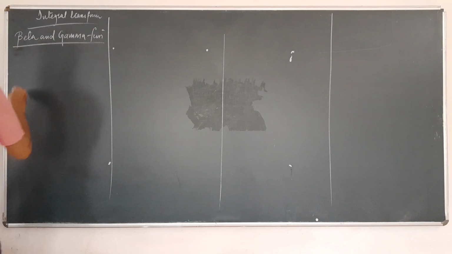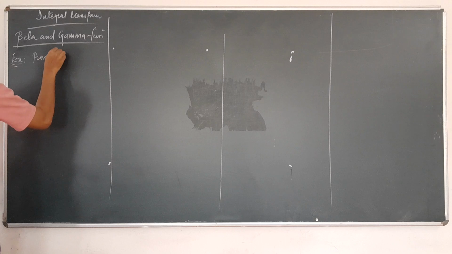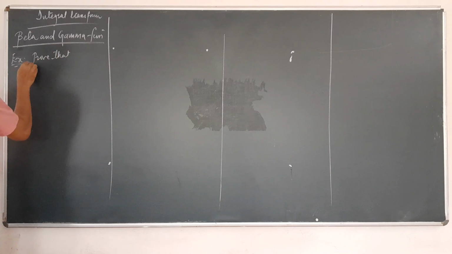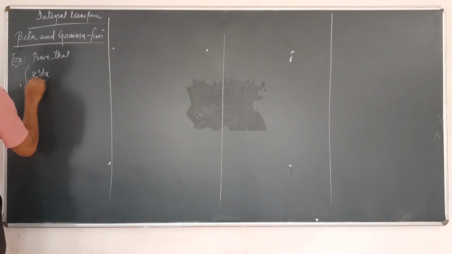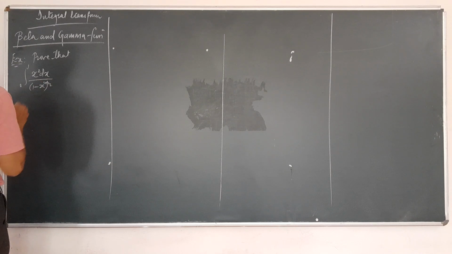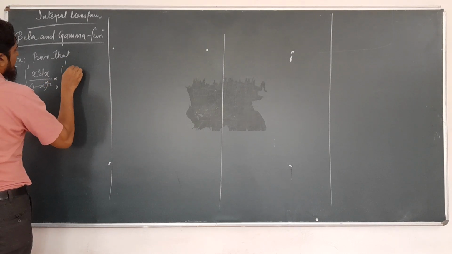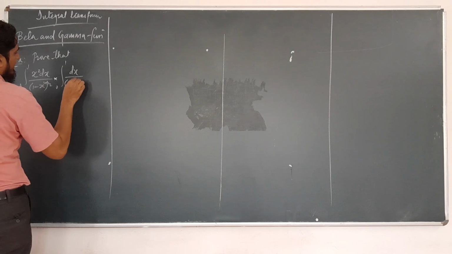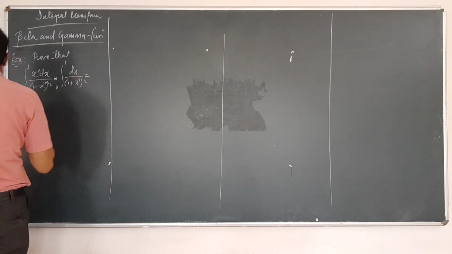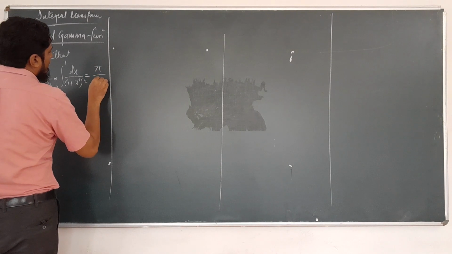The example is given as: prove that integration from 0 to 1 of x square dx upon (1 minus x raised to 4) raised to half, into integration from 0 to 1 of dx upon (1 plus x raised to 4) raised to half, is equal to pi over 4 root 2.